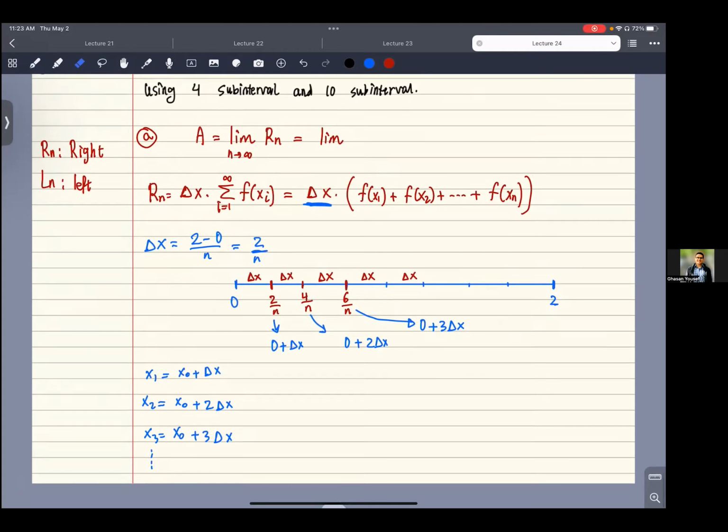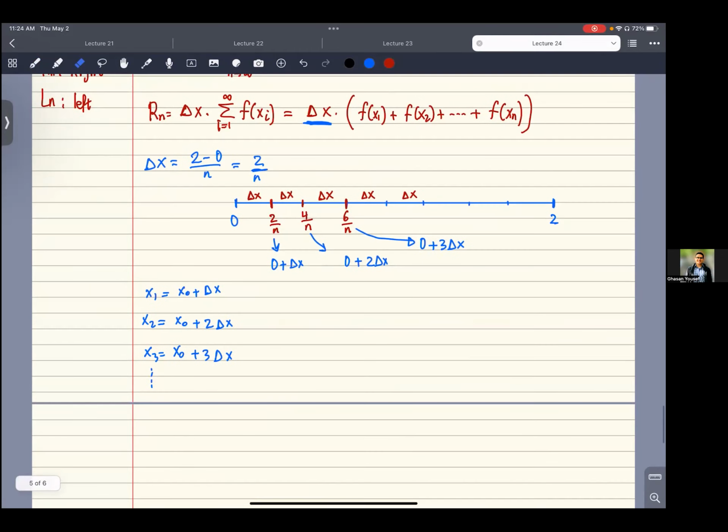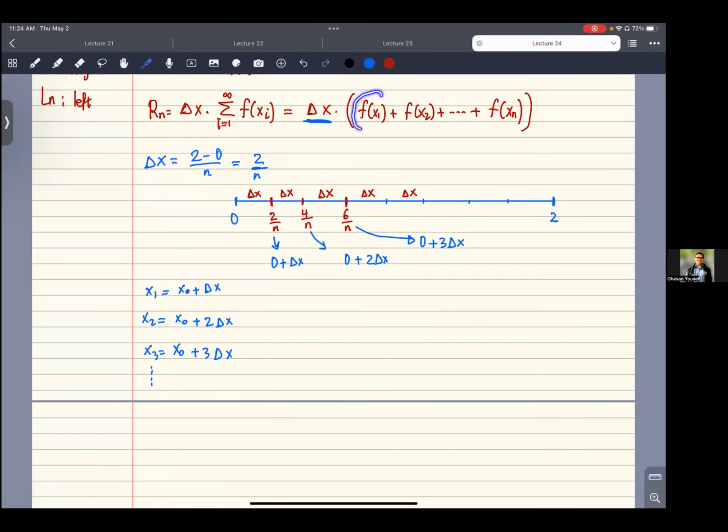Okay. Now, my goal is to find f of x1, which means f of 2 over n. Second, f of x2 is f of 4 over n, and so on. What is f of xn? It is f of 2n over n. How do I find it? Here's the formula.